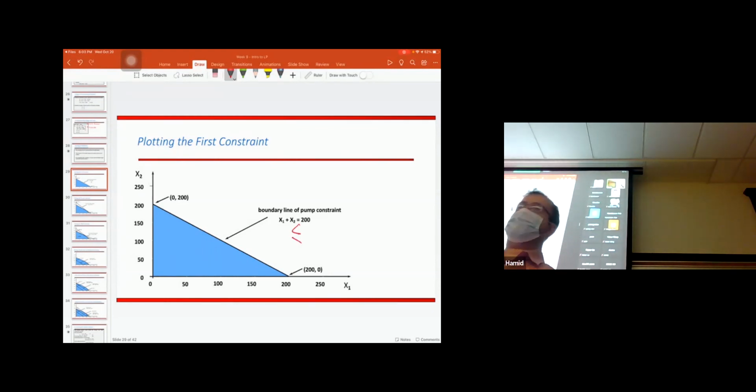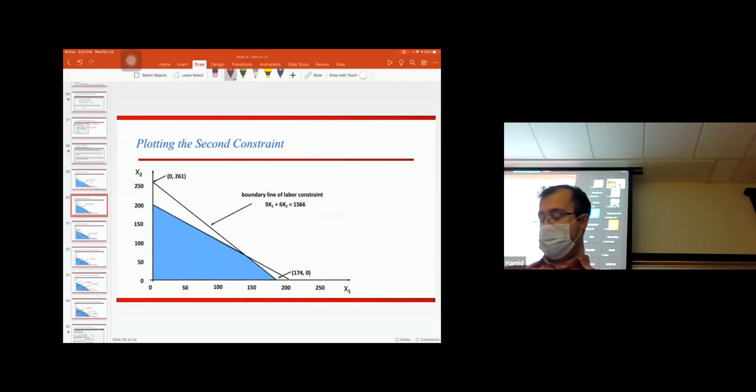You just need to know whether it's the left side or the right side. For this problem, it's very easy: the left side should be less than or equal to 200. But if it's hard to imagine, you can just pick a random point. For example, if I put x2 as 0 and x1 as 100, that is a point on the left side that works in that inequality.